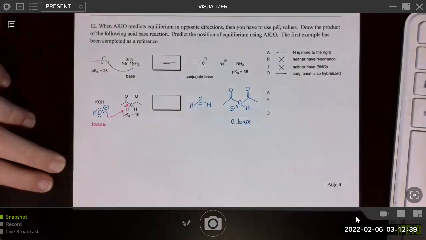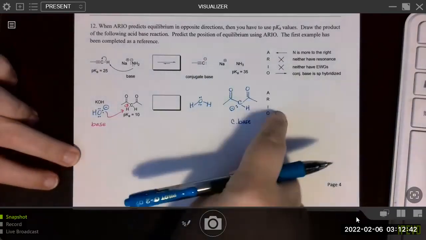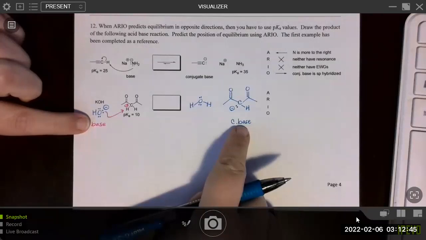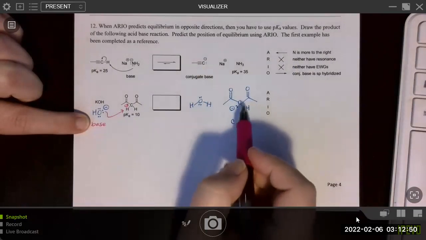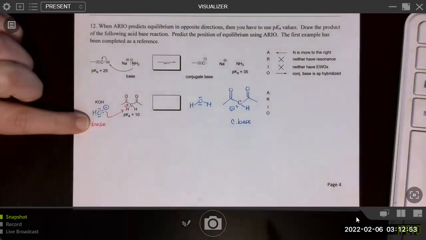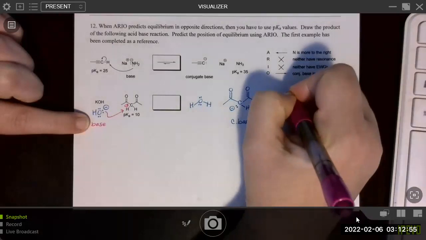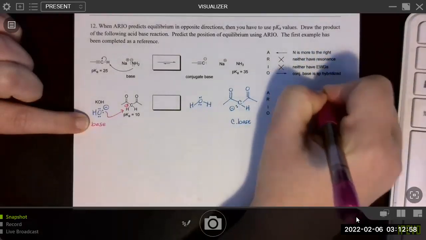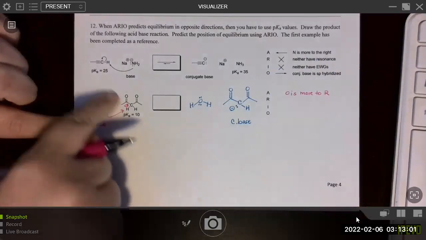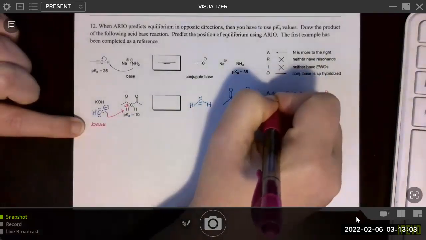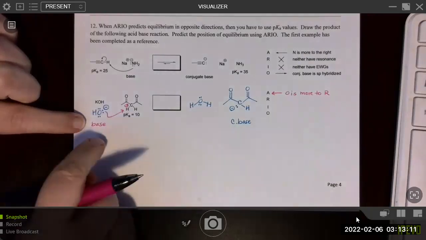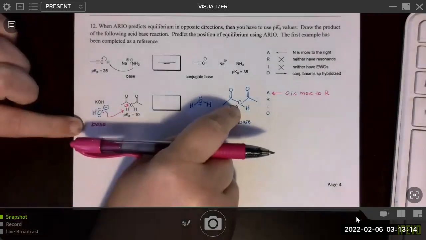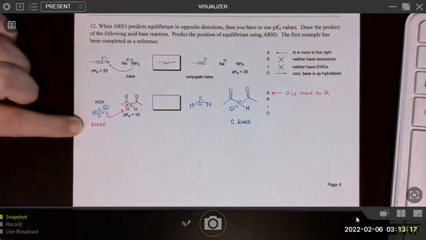Okay, so let's do some analysis of ARIO using the base and the conjugate base. So we have oxygen with a lone pair and a negative charge versus carbon with a lone pair and a negative charge. So we know oxygen is more to the right on the periodic table, and since oxygen is over here, we're drawing our arrow going that direction. And let's look at some more resonance. This does not have any resonance, but this lone pair is allylic, and it's resonance stabilized up to both oxygens.